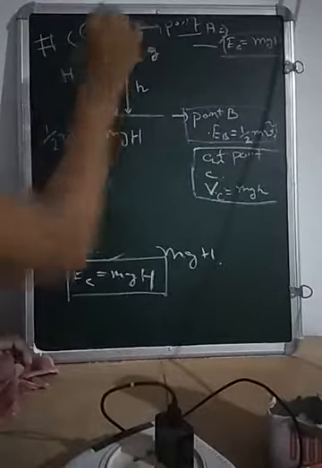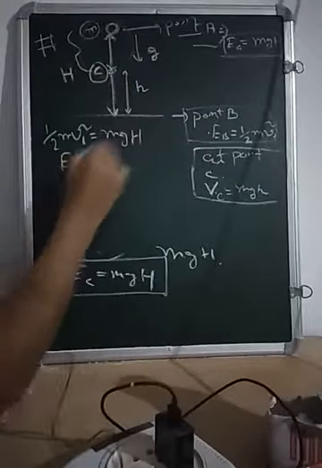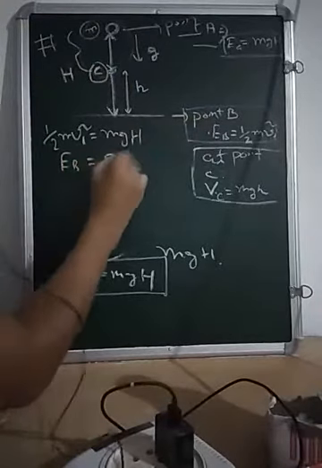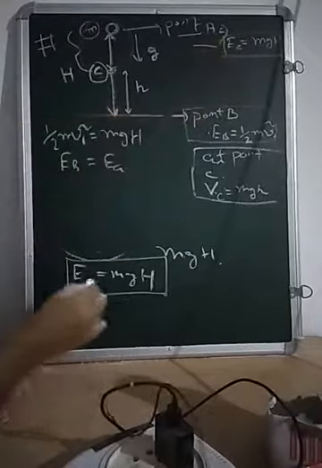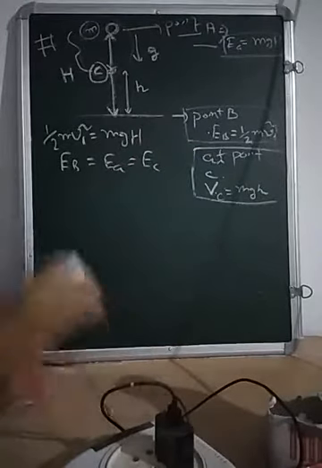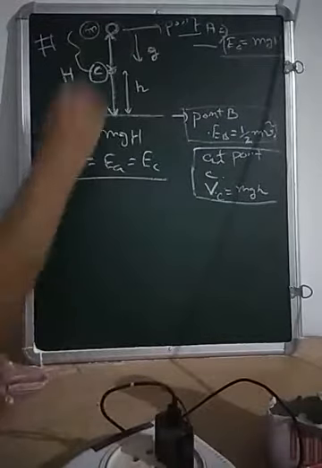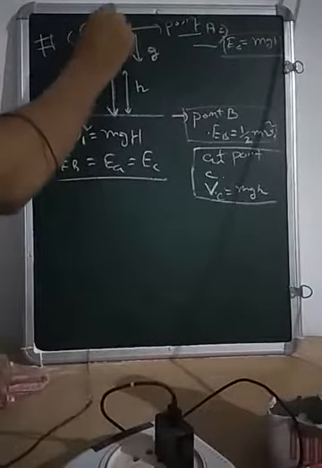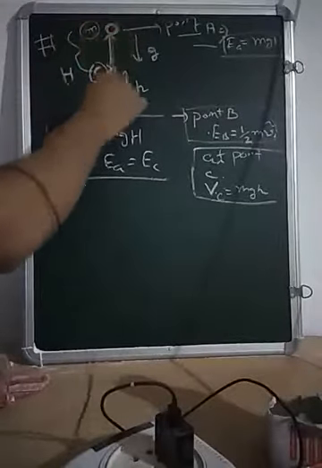So from here, E_B is equal to E_A, and E_A is equal to E_C. So from here, what we get: the total energy of this body of mass m remains the same during its whole path.